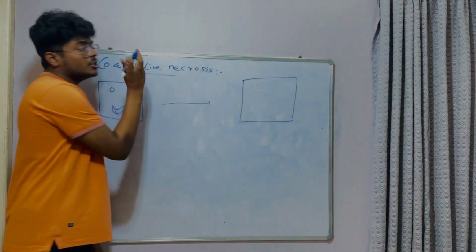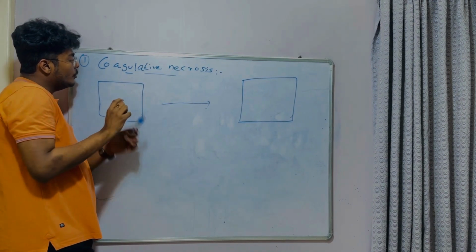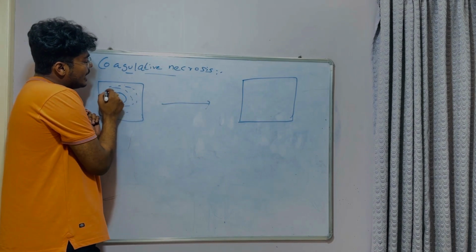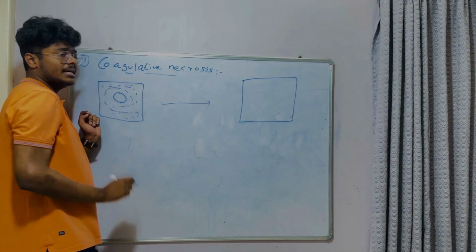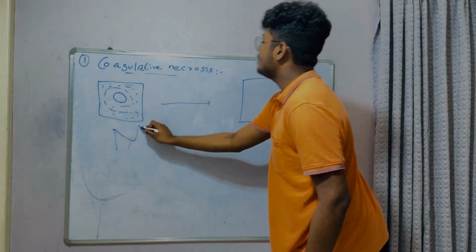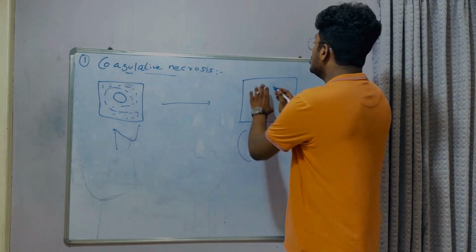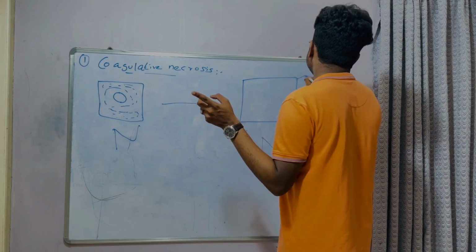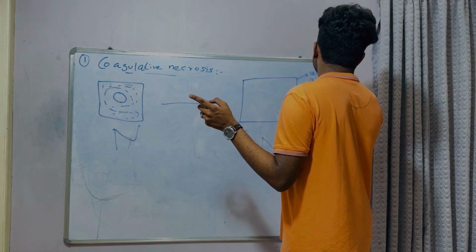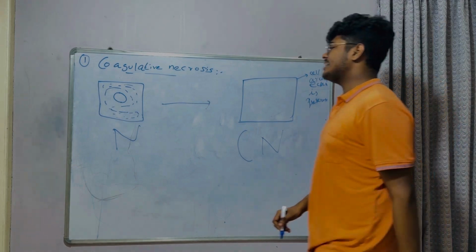This normal cell has a beautiful nucleus and cytoplasm. In the coagulative necrosis cell, the cell architecture is preserved.